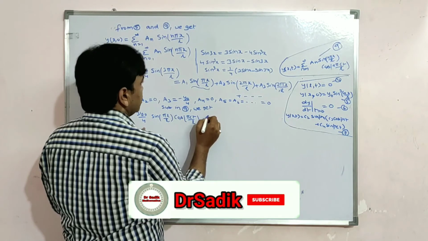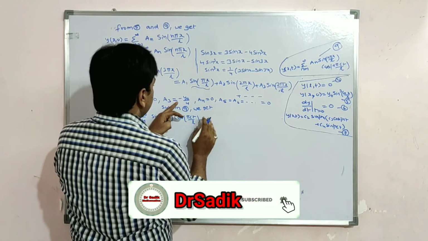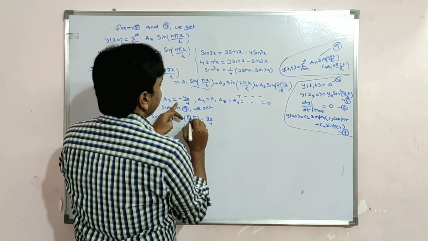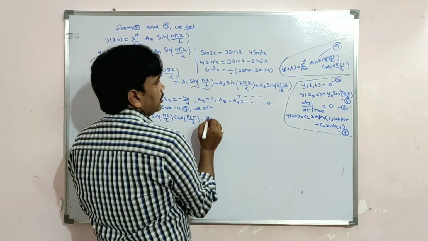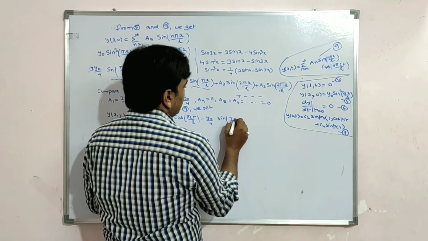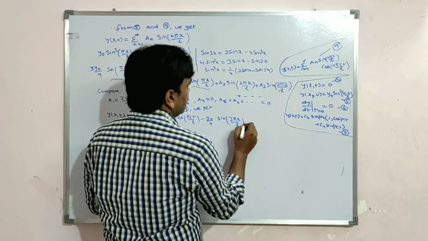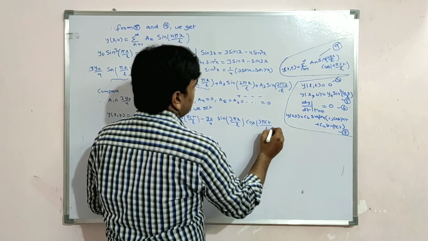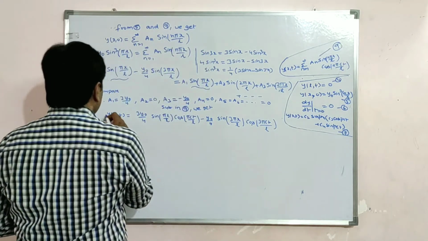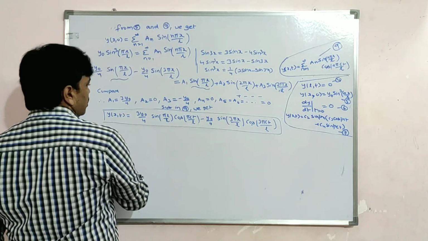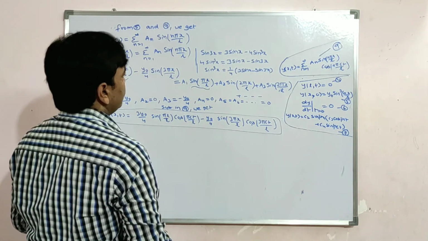So for a3, that means n equal to 3 students, we get minus y0 by 4, sin 3 pi x by L into cos 3 pi ct by L. So this is the required solution of the given problem students.